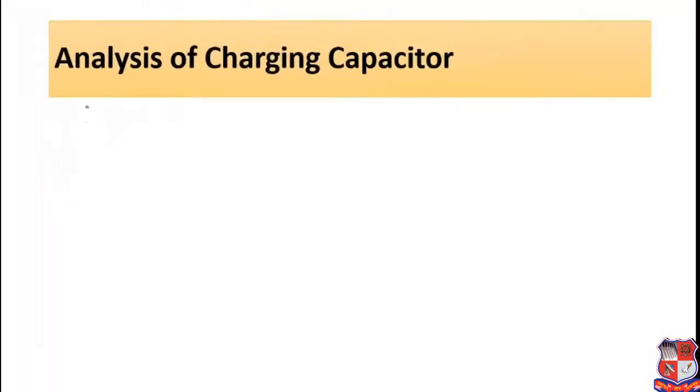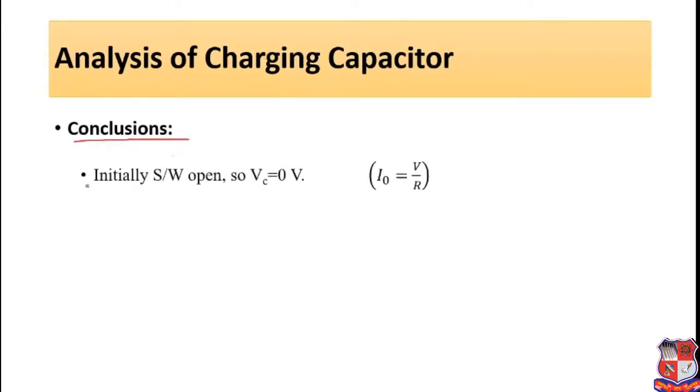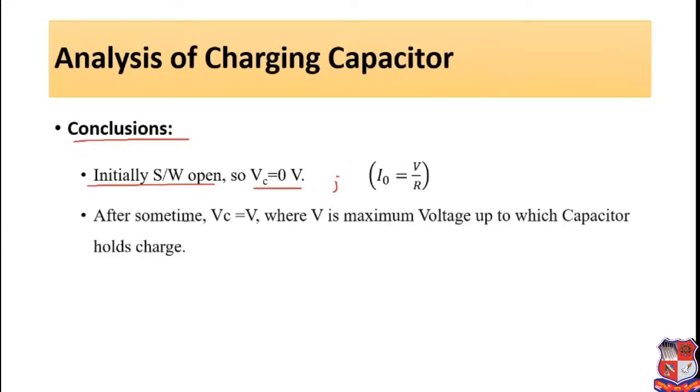So let us take the analysis part of this charging case. The conclusions drawn from the derivation are that initially the switch is open, so the capacitor voltage is 0 volts, and I0 is V by R, which will be the maximum current. After some time, the capacitor voltage is equal to the supply voltage, where V is the maximum voltage up to which the capacitor holds charge.